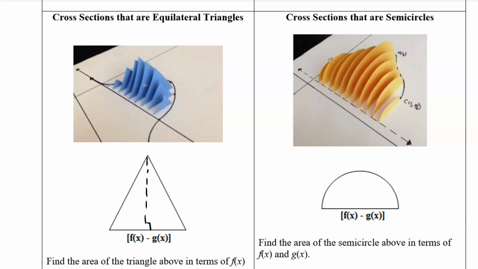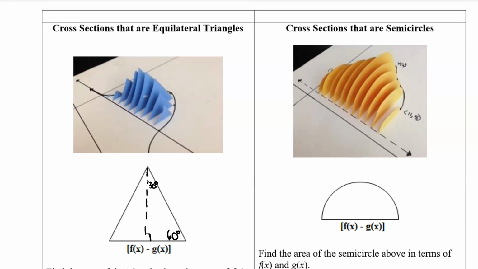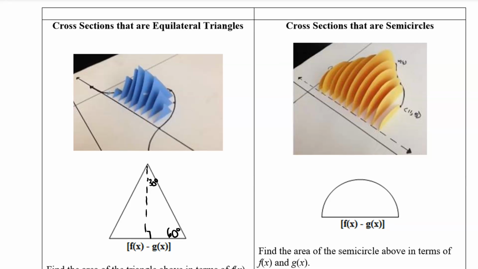That would be my height. All of the angles in an equilateral triangle are 60 degrees. So when I draw that perpendicular height there, my value is going to be 30 degrees, or half of that angle at the top.